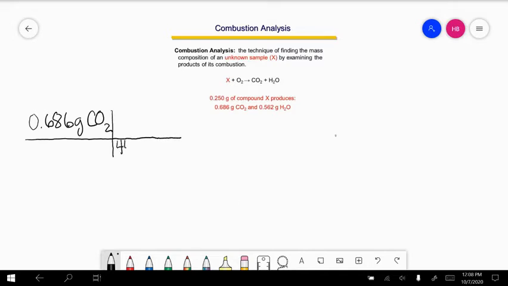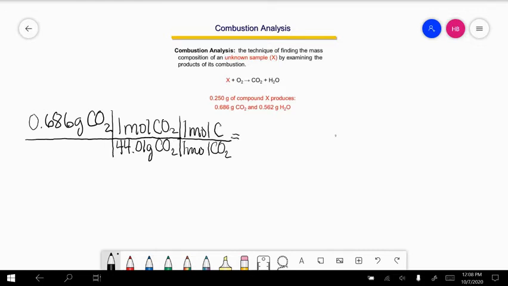So I use the molar mass of carbon dioxide to change it to moles. And then I can pull the carbon out of there because in 1 mole of carbon dioxide, there is 1 mole of carbon.